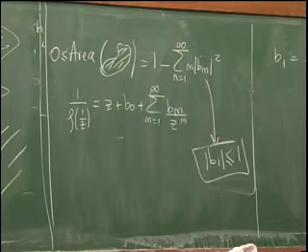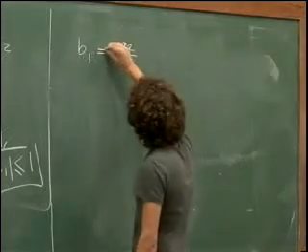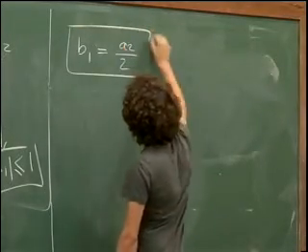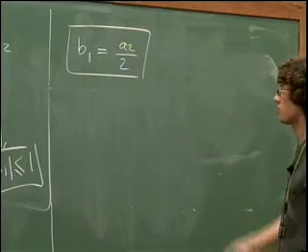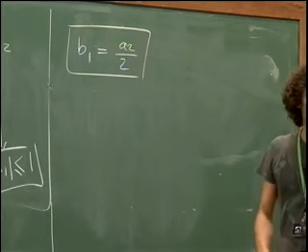Looking at your face, yes? It's a bound of B1, but also on the other B's. Yes, on all the B's you have a bound for them. It won't be useful for us, but it's true, and I will come back to this later. So you want to construct a function such that B1 will be A2 over 2.